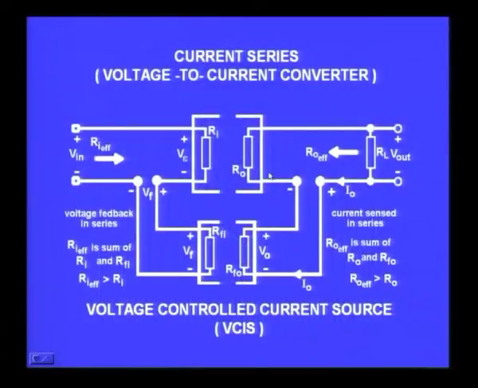You see on the screen, you can see that here the output is connected in series with the feedback network, and therefore it is sensing the current output. It is sensing the current here, and it is also giving a voltage here in series at the input. So the effect of connecting something in series at the output is to increase the total resistance.